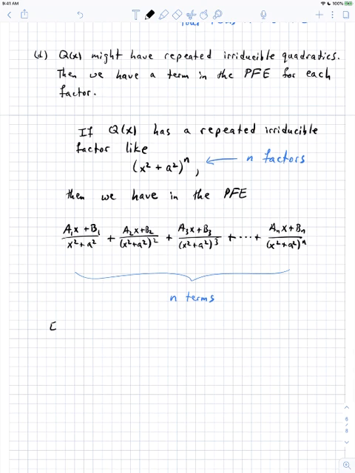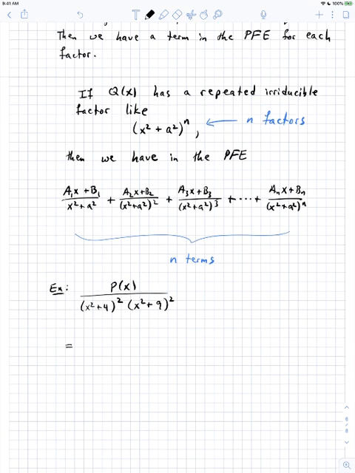So if you have an example that's P(x) over, and let's just say we have x squared plus 4 squared times x squared plus 9 squared, then there are 4 factors here. So you're going to have 4 terms.